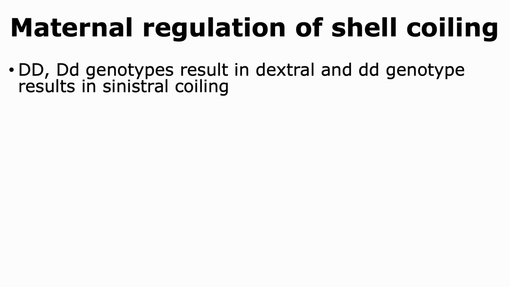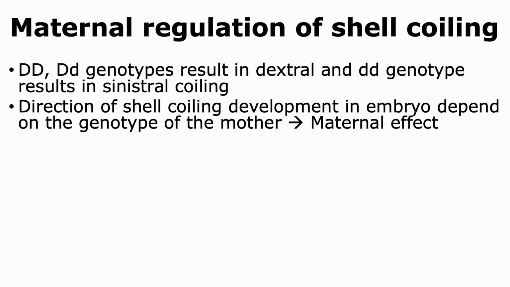It should be noted that dextral coiling can also be called right coiling, and sinistral coiling can also be called left coiling. Now, the direction of shell coiling development in the embryo is dependent on the genotype of the mother. So it does not depend on the genotype of the embryo, it actually depends on the genotype of the mother. And this is called maternal effect.